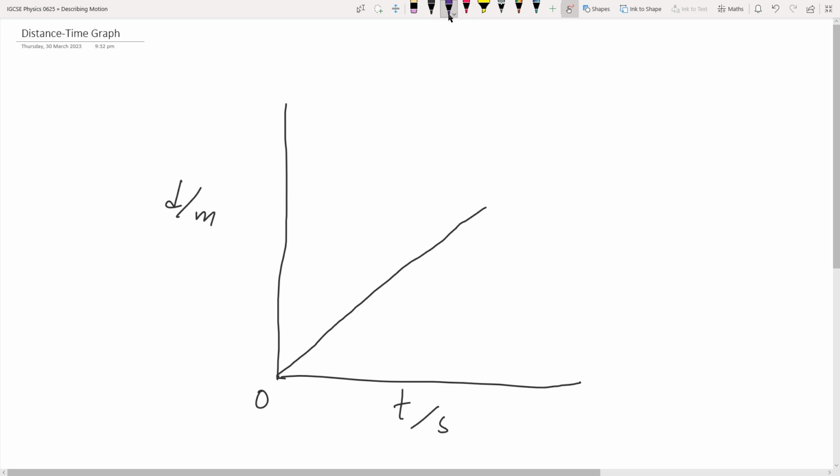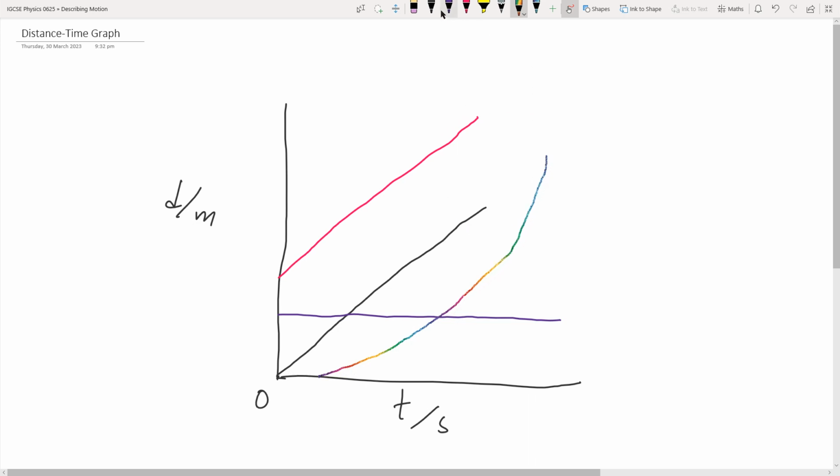Then I'm going to take a line like this, and then I'm going to take another line, let's say this, right? And then I'm going to draw another line which is going to be a bit curved, like this, right? So let's classify each of these.